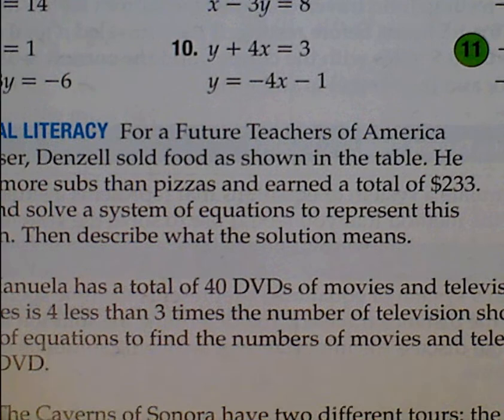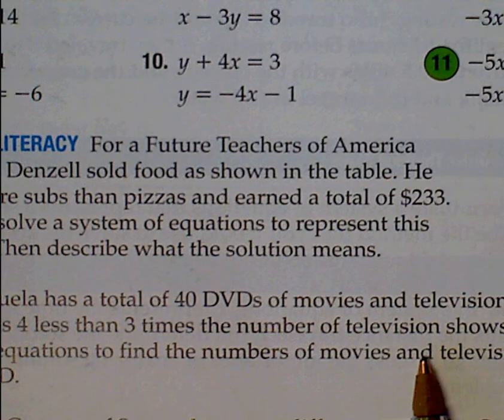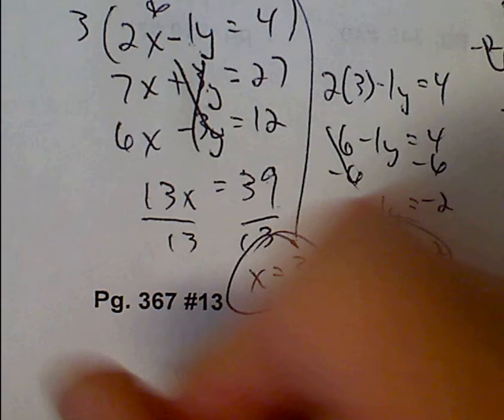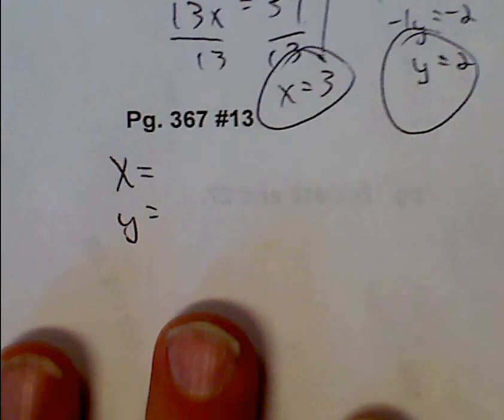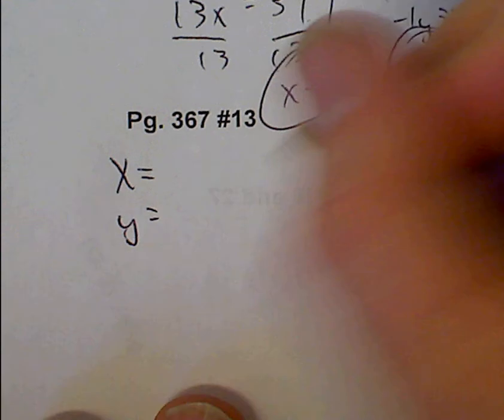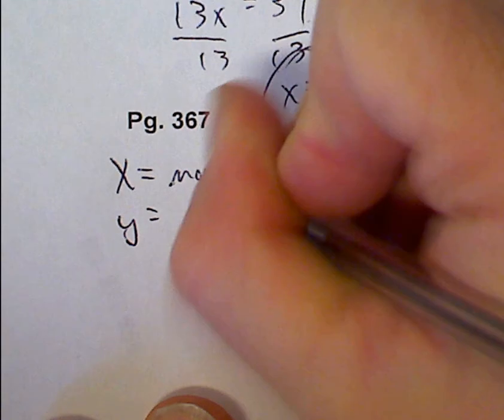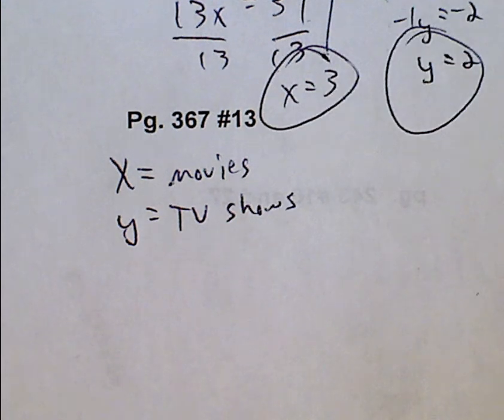The number of movies is 4 less than 3 times the number of TV shows. Write and solve a system of equations. Okay, so the two things that we're talking about are x and y. We are talking about movies and TV shows. Those are our DVDs.